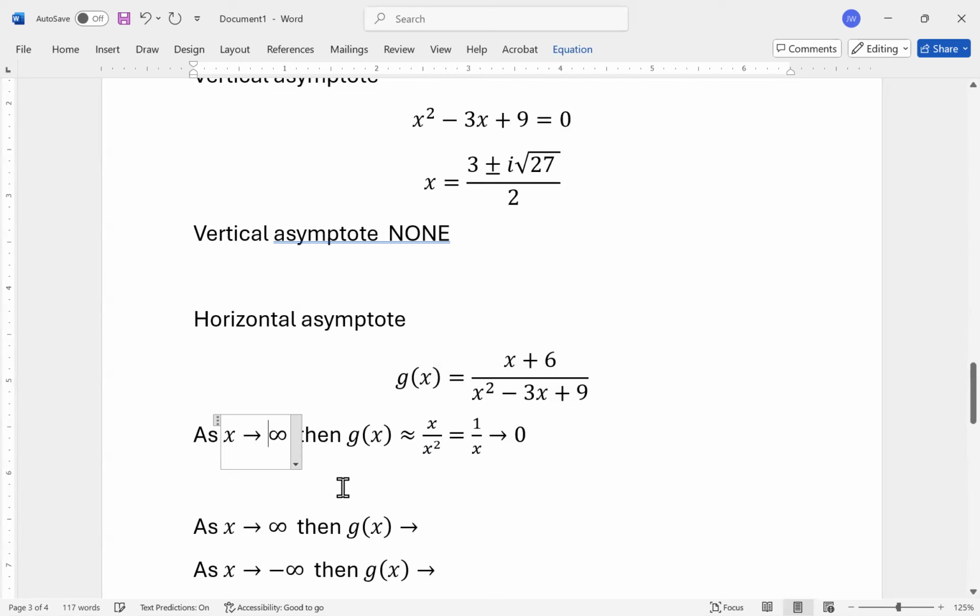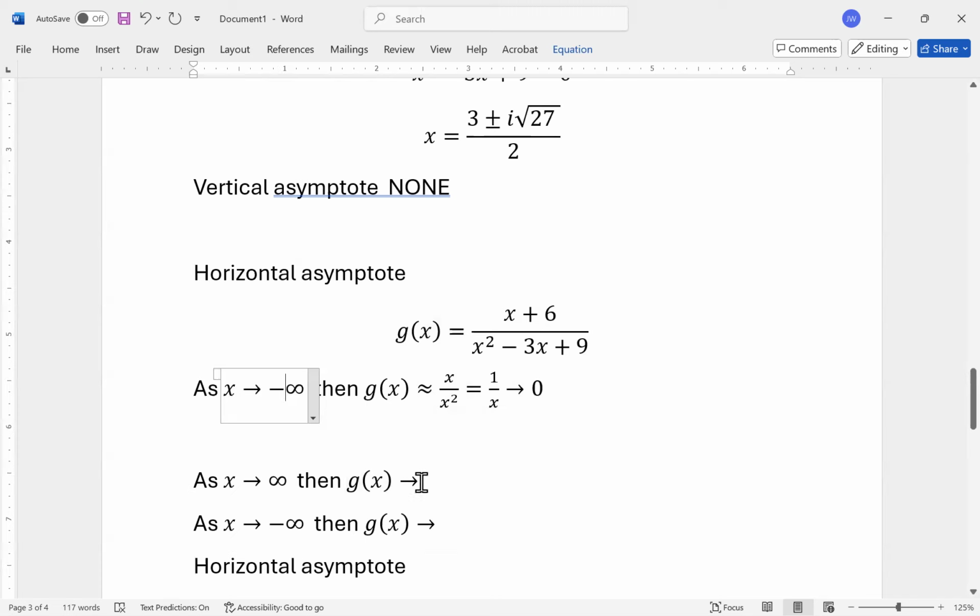The same thing is true if we approach negative infinity. So if x approaches negative infinity, then the function value is going to give me the same fraction, but I get 1 over negative 1,000,000, 1 over negative 1,000,000,000. And those are all going to be really, really small values, really close to 0.